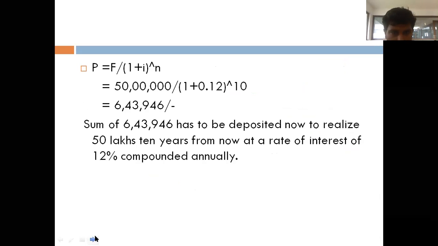He has to deposit 6 lakhs 43,946 to get 50 lakhs 10 years from now. The main point here is that you have to draw the cash flow diagrams. They are very, very important.